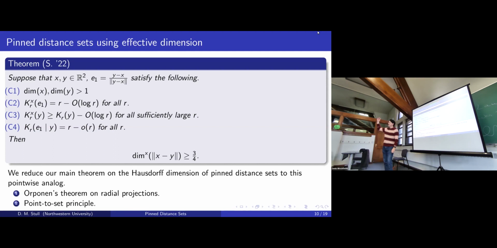So we use a classical theorem to get the points we want to do this reduction, prove this theorem, and then go back through the point to set principle. This is a more complicated reduction. So you're really using these points? Yeah, just unpack the point to set principle, basically. There's a bit more work. You can't just immediately apply radial projections and conclude everything, but yes, that's more or less it.